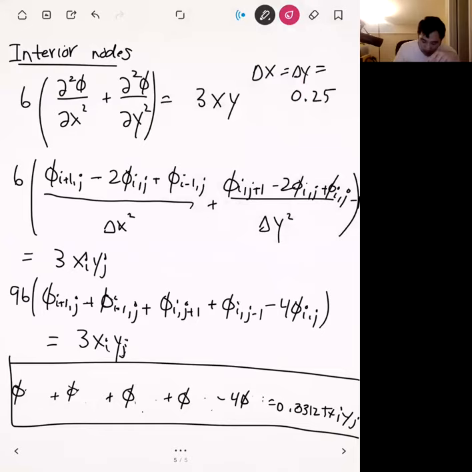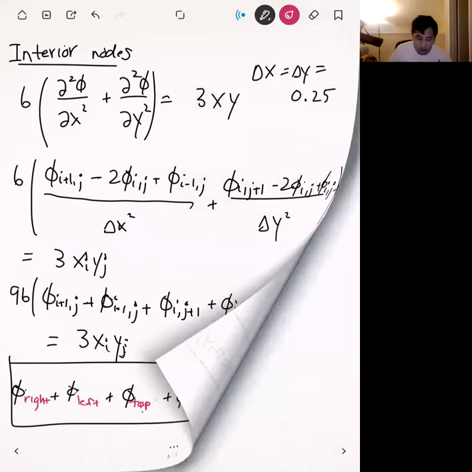So i plus 1, comma j is the right neighbor. i minus 1, comma j is the left neighbor. Then we have the top, the bottom, and then we have me. Now let's apply this equation to all of the interior nodes in our grid.